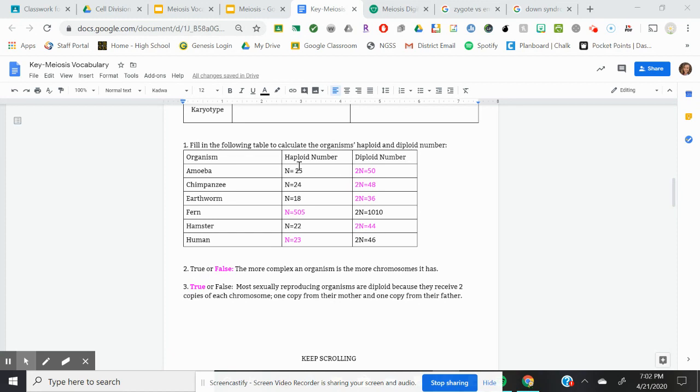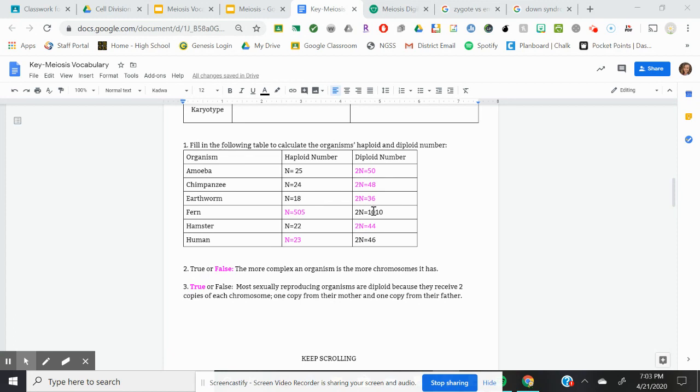Okay? So you were given that an amoeba's haploid number is 25. Their diploid number is just double that, 2n. So if n is 25, then 2n is 50. It's double. A chimp has a haploid number of 24. Their diploid number is 48. An earthworm has 18 pairs of chromosomes for a total of 36.